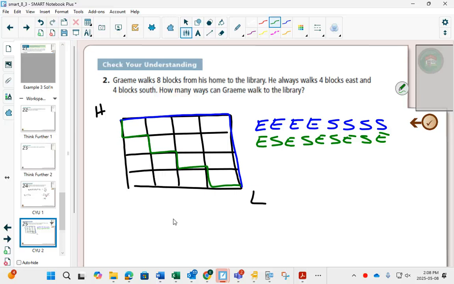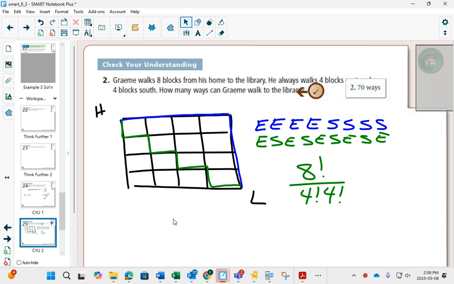Every time we rearrange the E's and the S's, we get a different path. So normally, if all 8 of those letters were different, you would have 8 factorial. But there's 4 E's, and there's 4 S's. And apparently, if you had a calculator, this comes out to 70.